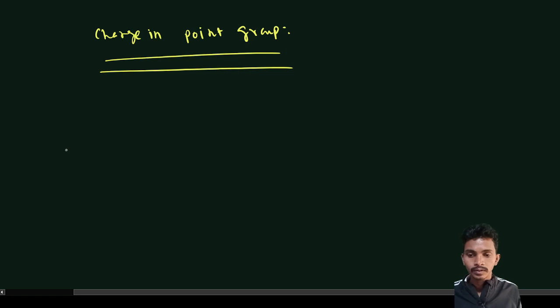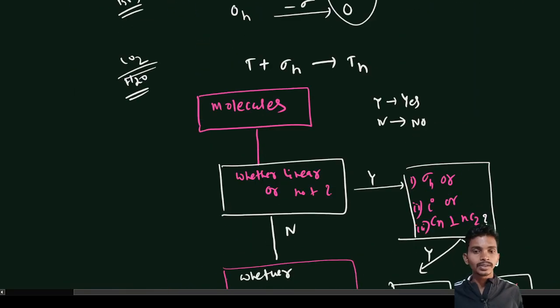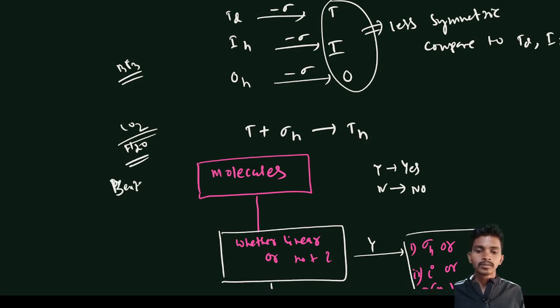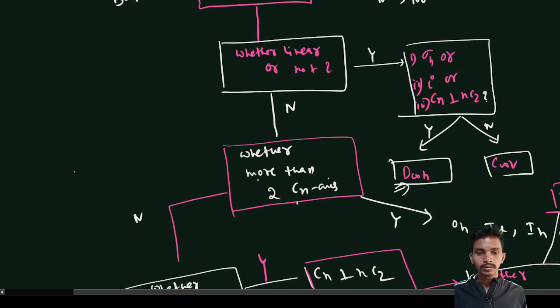If I draw the benzene, this is the benzene molecule, this is C6H6. So if I travel this benzene molecule through here, say benzene molecule, whether linear or not? No. Okay, it will come to this.